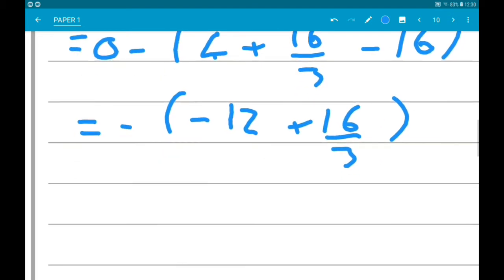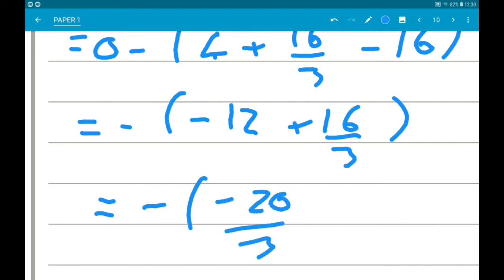So that's the negative of minus 36 thirds add 16 thirds, so that's minus 20 thirds. So that is indeed positive 20 thirds.